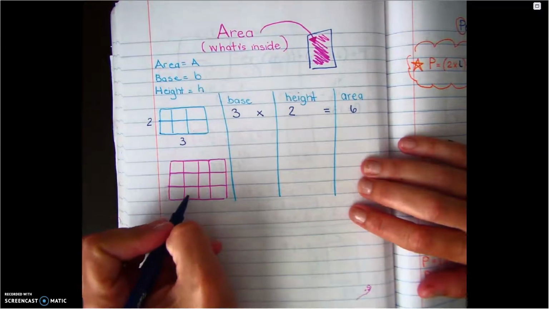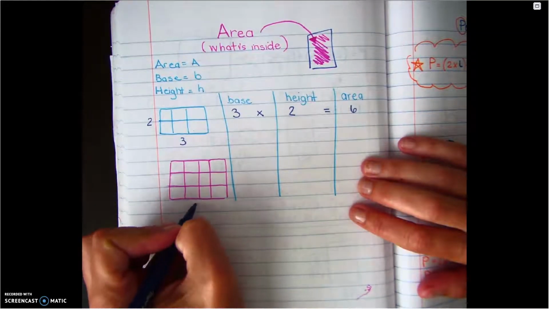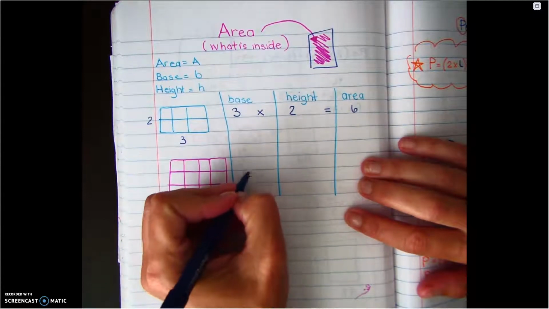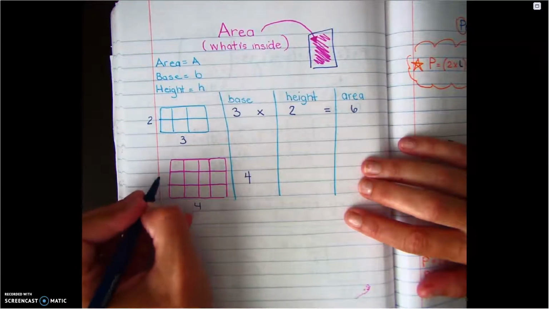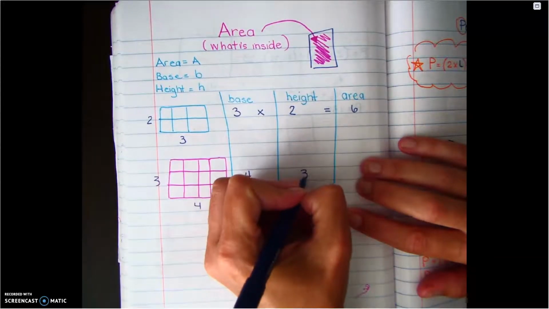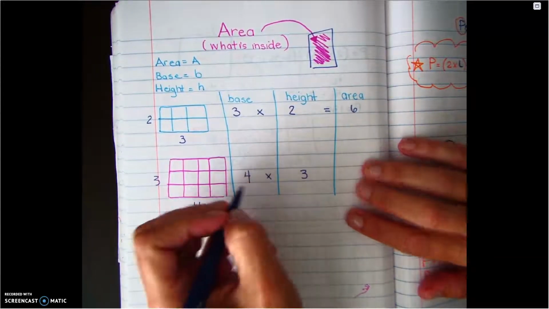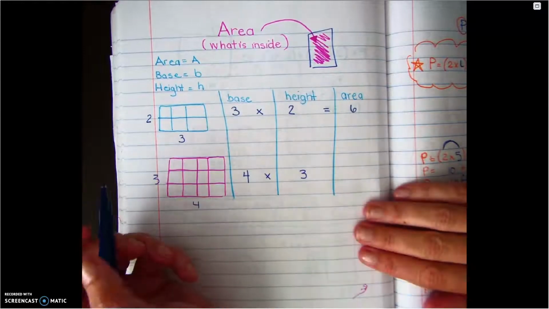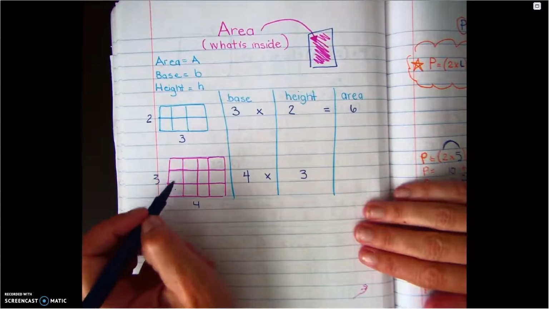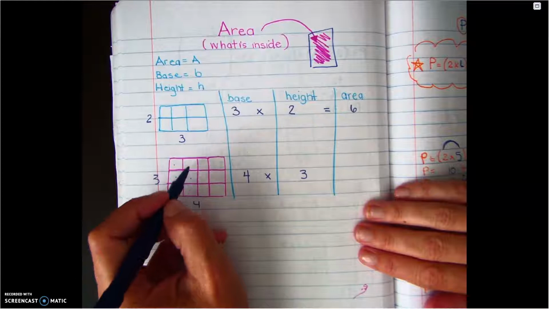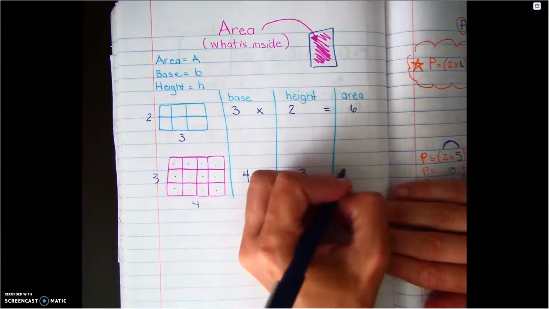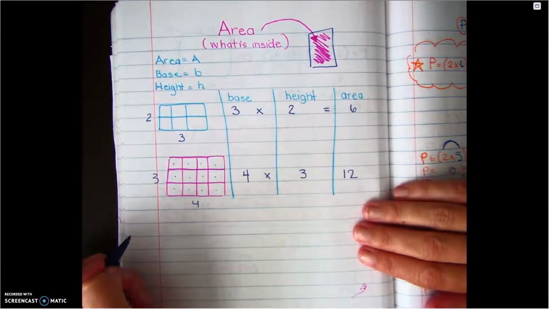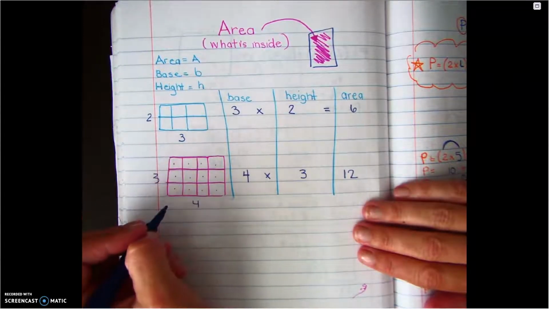How many across our base? 1, 2, 3, 4. So our base is 4. Let's see what our height is. 1, 2, 3. Now if we're right, that means 4 times 3, so that means the area should be 12. Let's check. 1, 2, 3, 4, 5, 6, 7, 8, 9, 10, 11, 12. We were right. So the area is 12 units, 12 of our blocks.